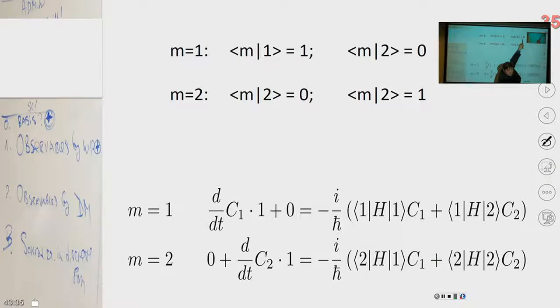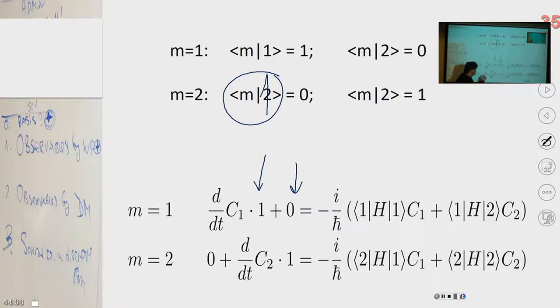And if m equals 2, then this convolution becomes 0, this becomes 1. Then instead of one equation, we will have how many? Two equations. We replace the bra-ket convolutions with 1 or 0.